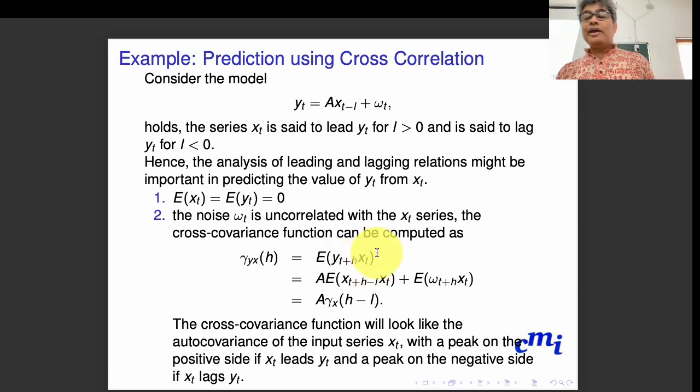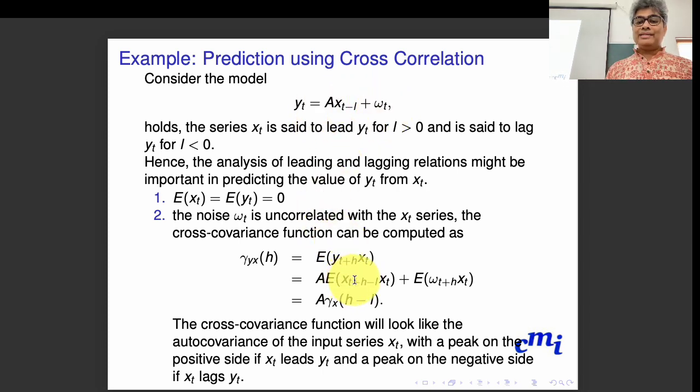Now what is happening? I got this expectation of y_{t plus h} x_t. Now you replace y_{t plus h} by the right side of the equation, which gives you a x_{t plus h minus L} plus omega_{t plus h}. A is a constant, going out of it, and then you apply the expectation of x_{t plus h minus L} x_t plus the expectation of omega_{t plus h} and x_t.